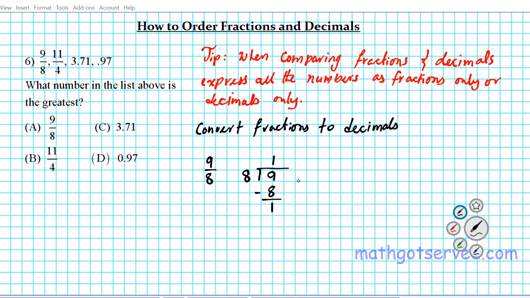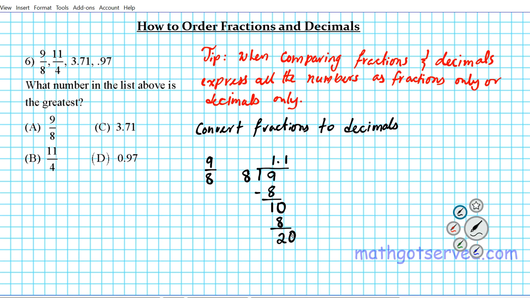All right. Now, how many times does 8 go into 1? 8 is bigger than 1, so 8 can't go into 1. So put a decimal point here and add a 0. How many times does 8 go into 10? 8 goes into 10 once. 1 times 8 is 8. Subtract, 2. Add a 0.